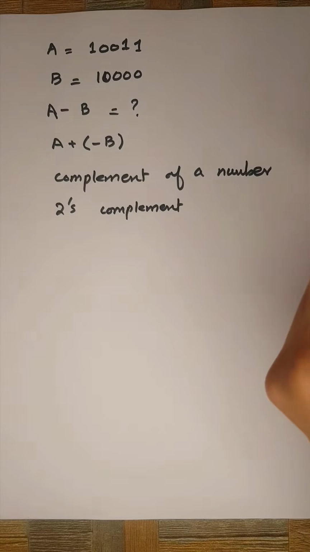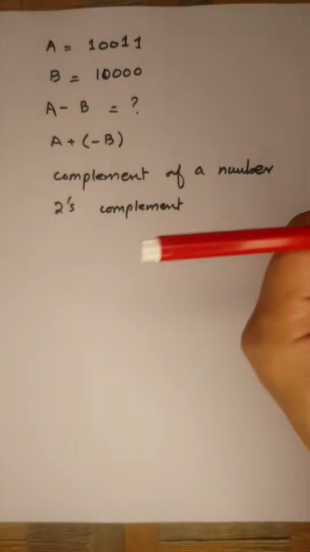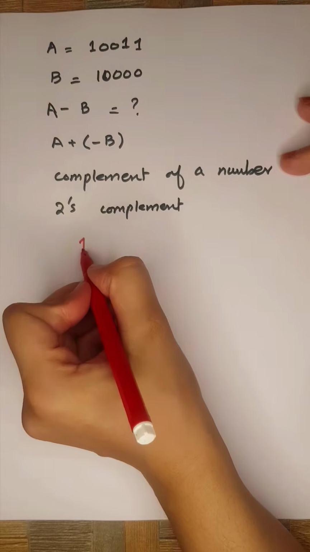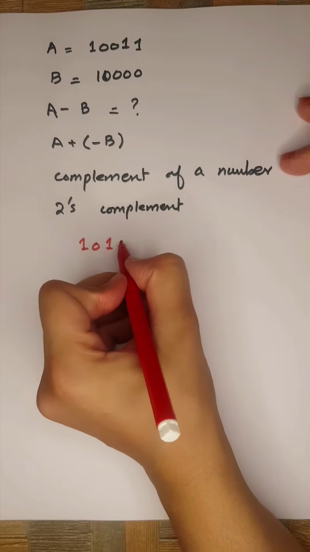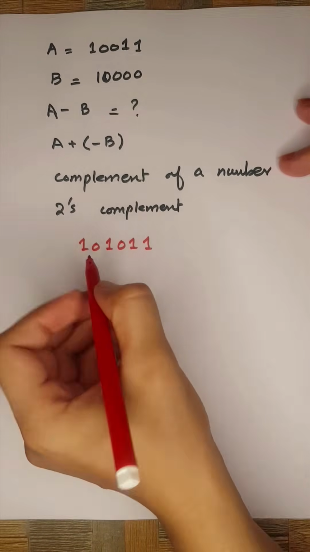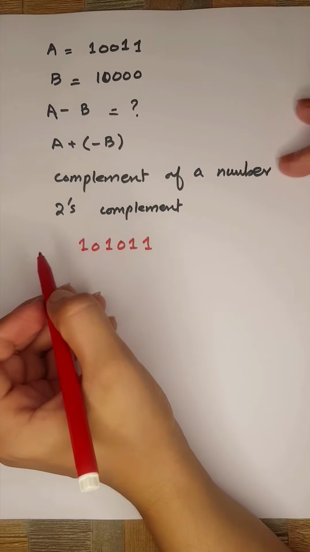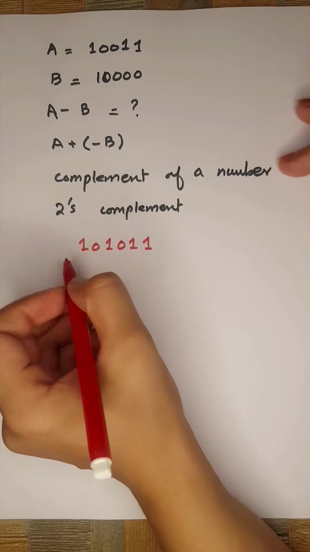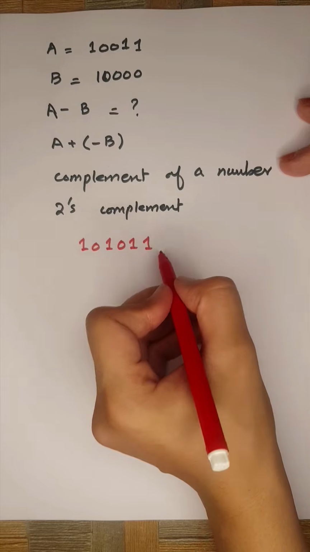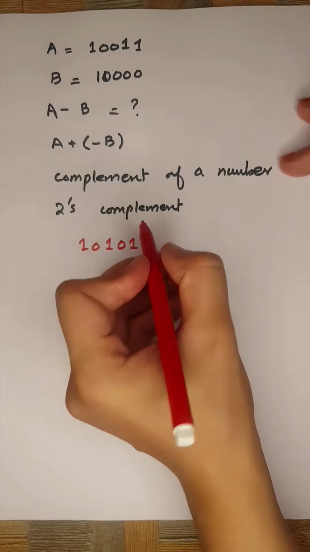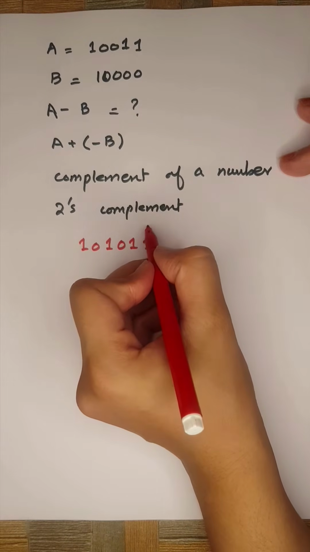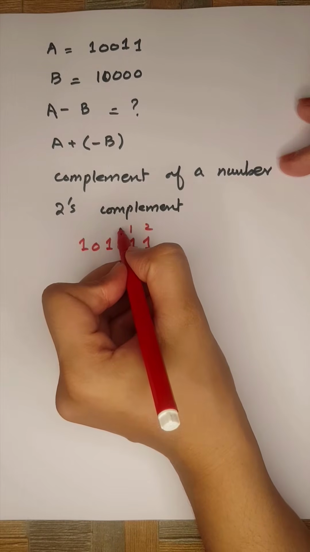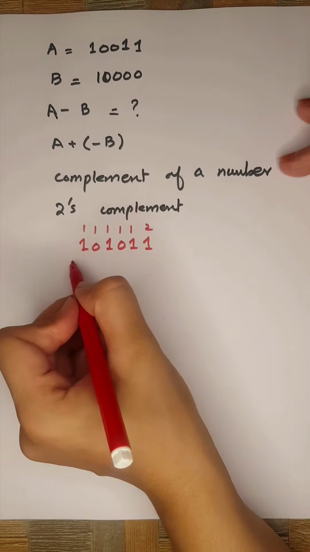So let's see, if we have the binary combination 101011 and we are asked to find the 2's complement of the number, how can we do this? We will subtract the rightmost bit, if it is non-zero, from 2 and the rest of the bits are subtracted from 1.